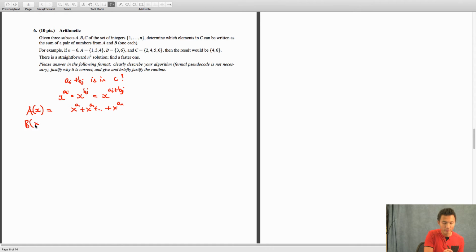Same thing for b: I have x to the b1 plus x to the b2 plus all the way to x to the bn.